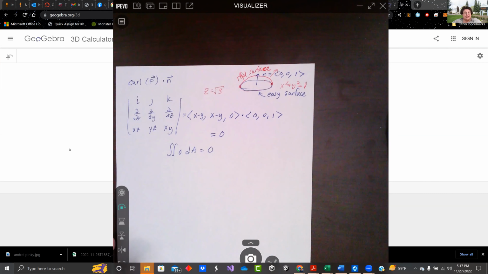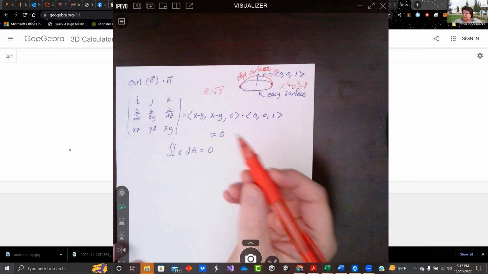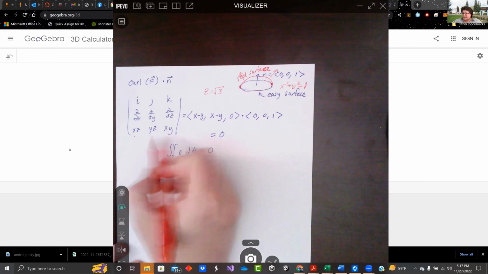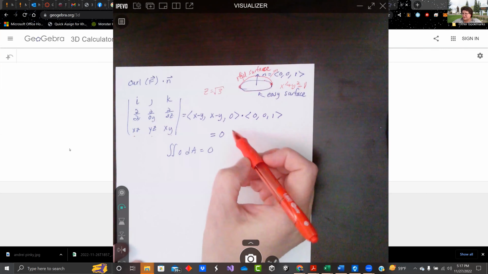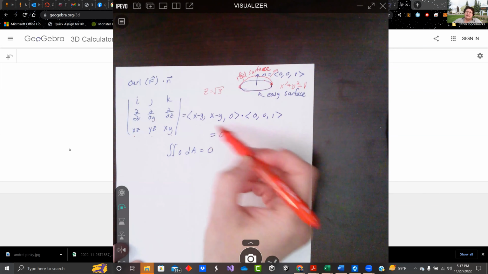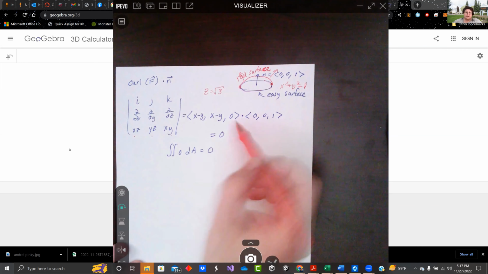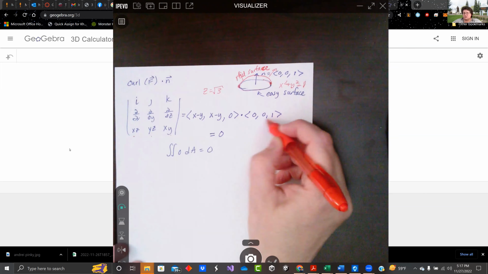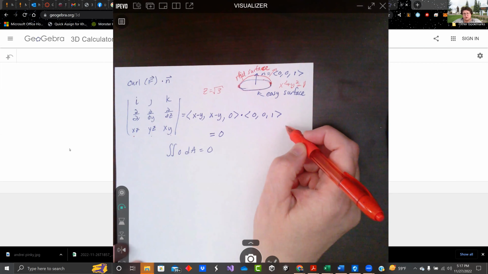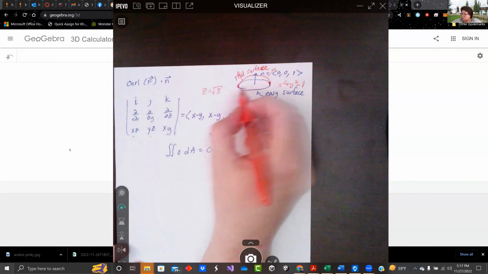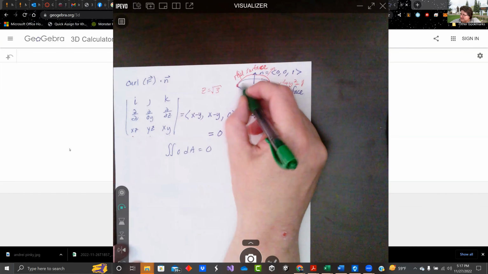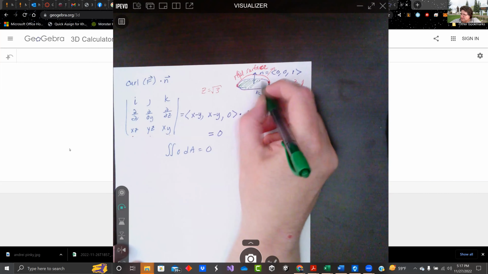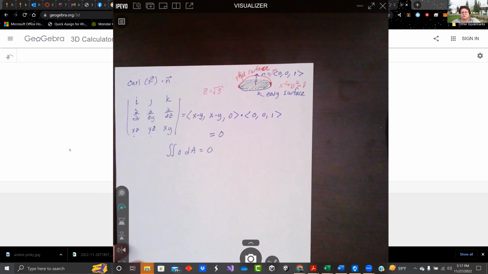If I do the curl of F, again, F was xz, yz, and xy. We do the curl and we've got x minus y for the i hat, x minus y for the j hat, and 0 for k. We dot that with 0, 0, 1, which is our normal for this disk. Not the actual surface, but the disk that has the same closed boundary.